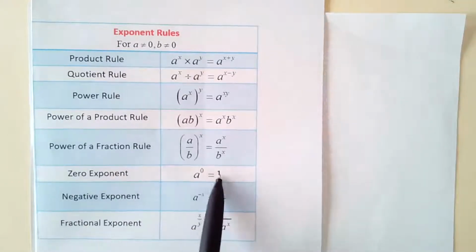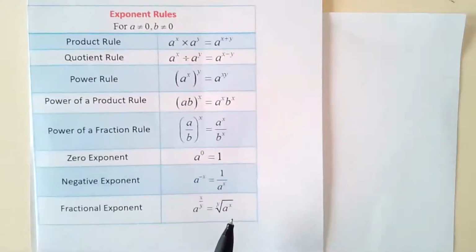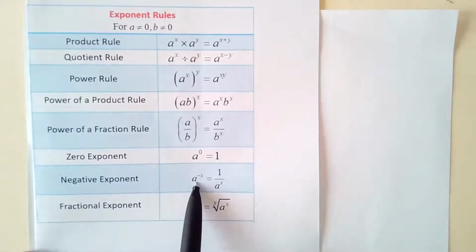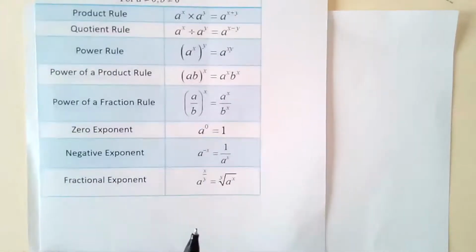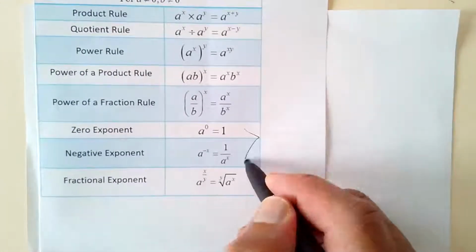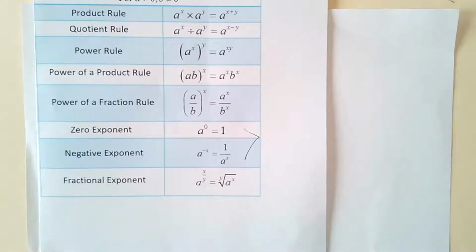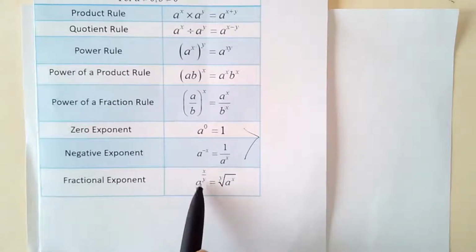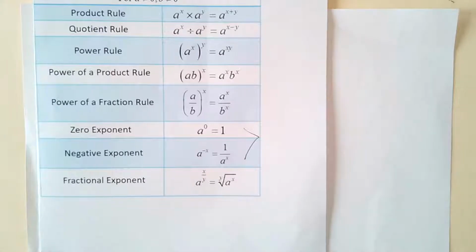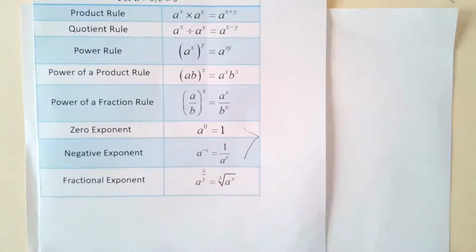The power of a fraction rule, the zero rule, this is the one we'll be using today. A to the 0 is 1, and a to the negative x is 1 over a to the x. So these two we'll be focusing on today. And a fractional exponent is the root of the base to the power of the numerator.